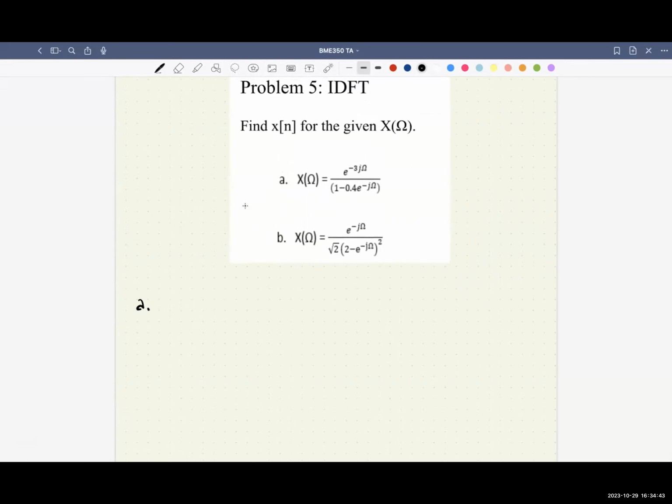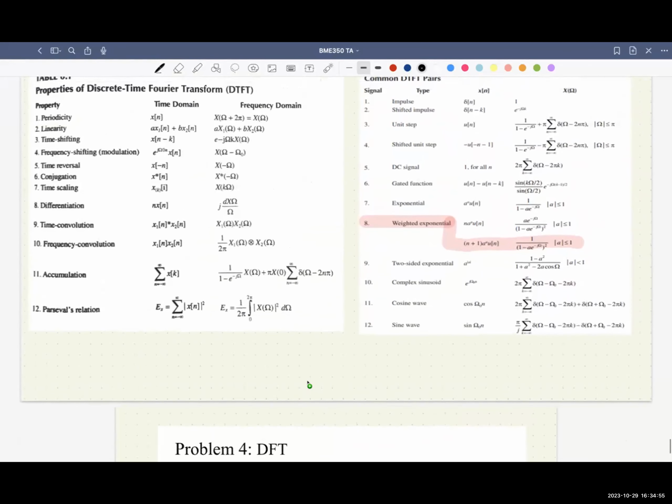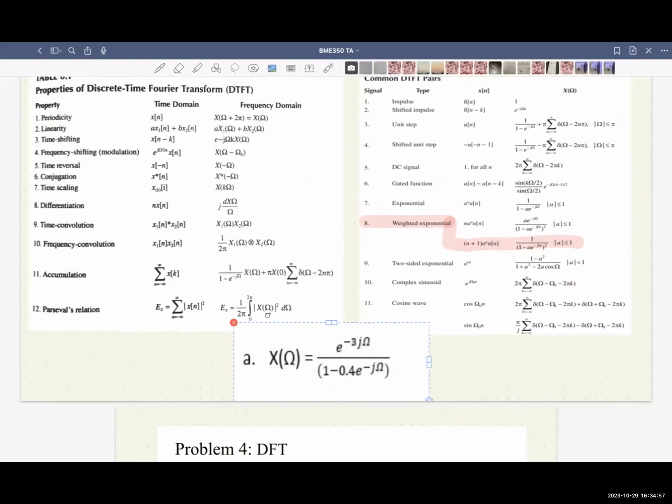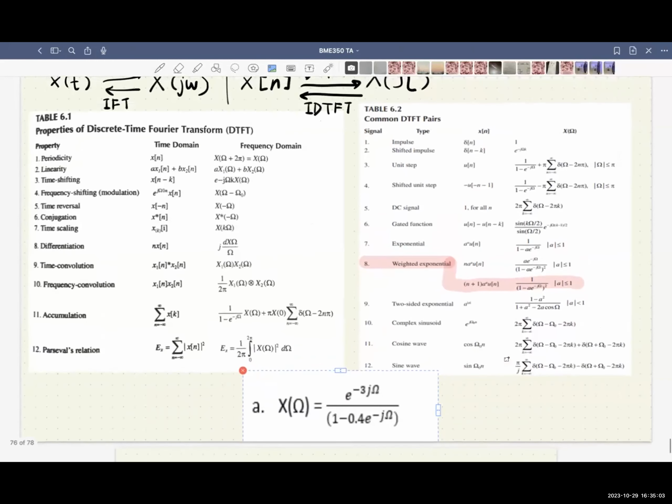It would be a little bit trickier than this question. Let's see, anyone would like to try pointing out what would be the relevant property or pair I can use with this one? I'll give you a hint. Look at the pair table, table 6.2 here.